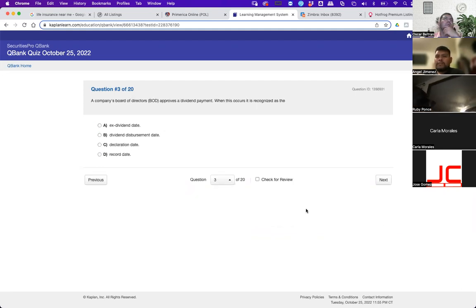All right, a company's board of directors approves a dividend payment. When this occurs, it is recognized as the... Remember, it's going to be the declaration date, the ex-dividend date, then the record date, and then I think it's called disbursement.